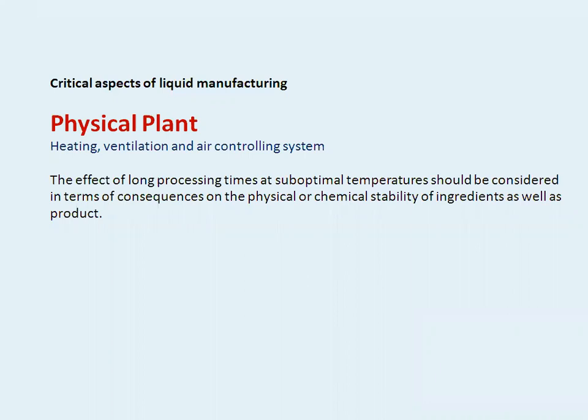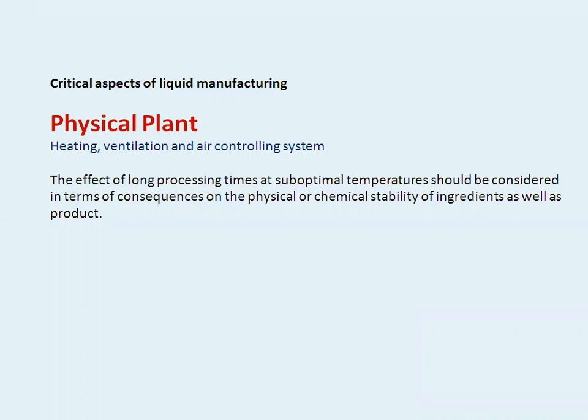Generally, this HVAC system is installed in each and every section of that particular company. The temperature sometimes may vary for that area, but in the production area and in the storage area, this system is very important. So the effect of long processing times at suboptimal temperature should be considered in terms of consequences on the physical or chemical stability of ingredients as well as the product.